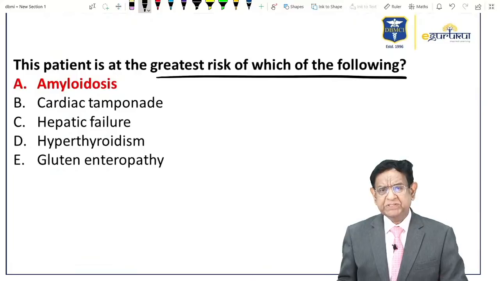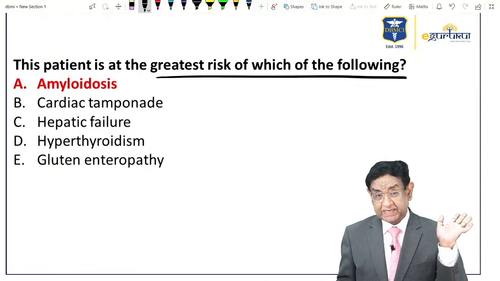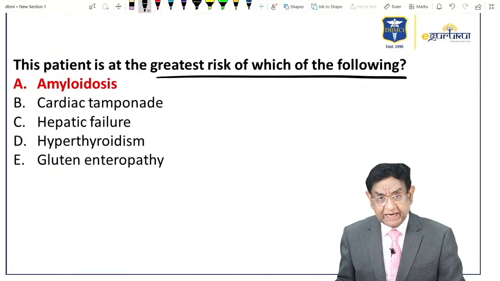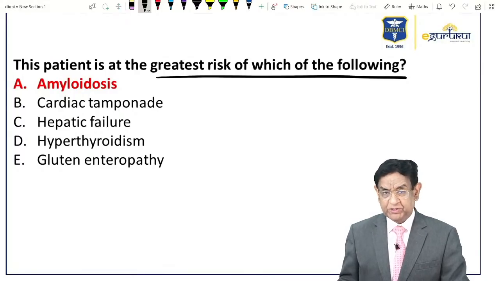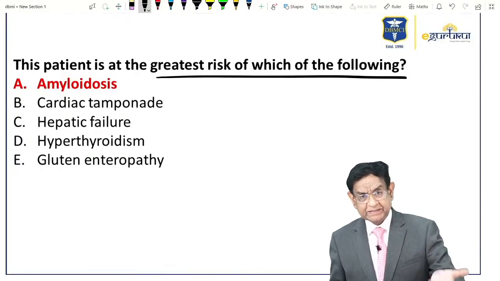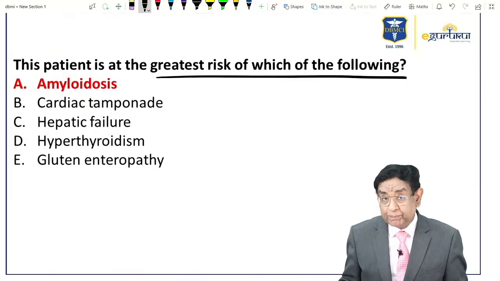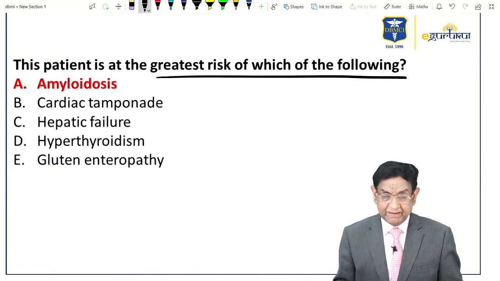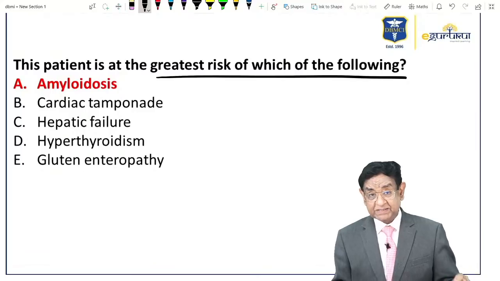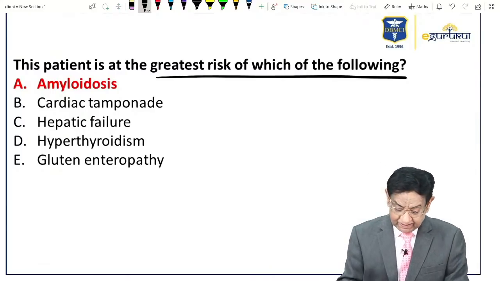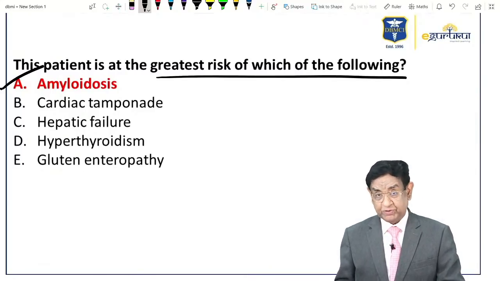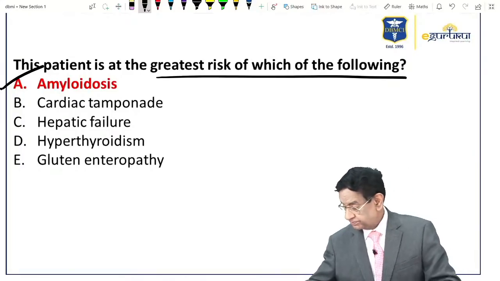He never mentioned anything about the diagnosis, but he just gave you a pathological slide, and they want you to know the pathology also. Clinically it is bone pain, and biochemically hypercalcemia, and now they are asking what complication? Amyloidosis. Beautiful question. Let's discuss this question.